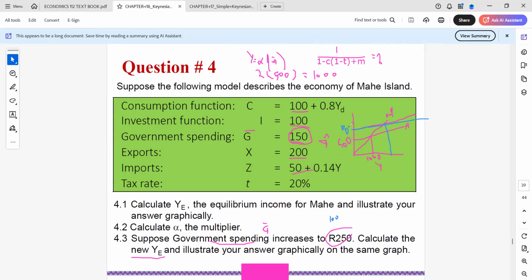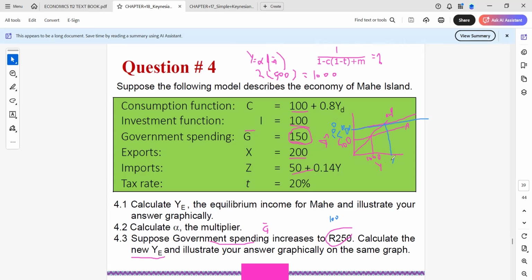They're going to increase to 600. So the change here is 100.